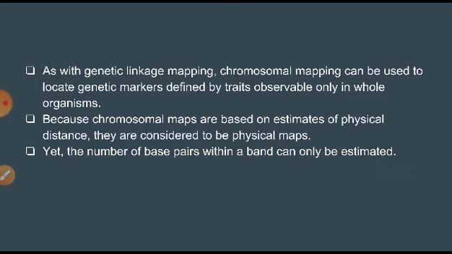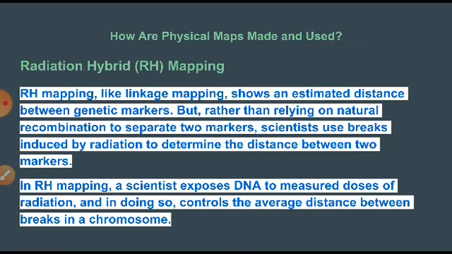Because chromosomal maps are based on estimates of physical distance, they are considered to be physical maps. Yet the number of base pairs within a band can only be estimated.